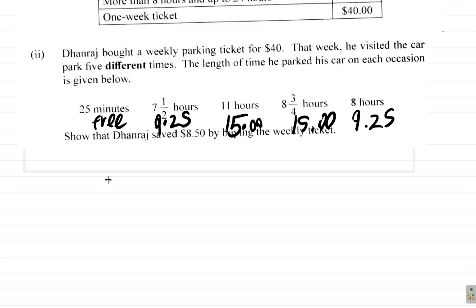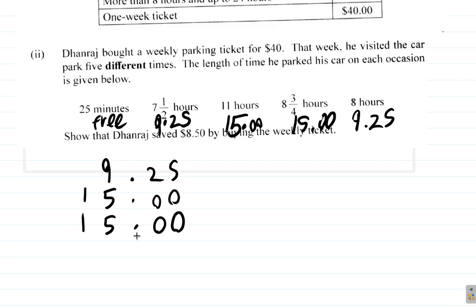It's 1 dot I would have between these figures. Alright, so $9.25 plus $15 and 0 cents plus another $15 and 0 cents plus $9.25.